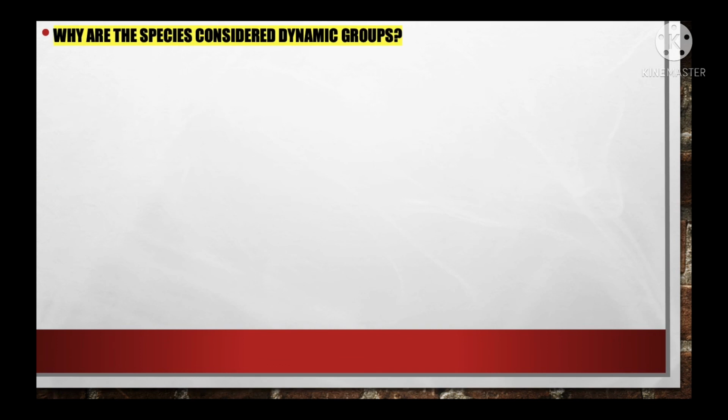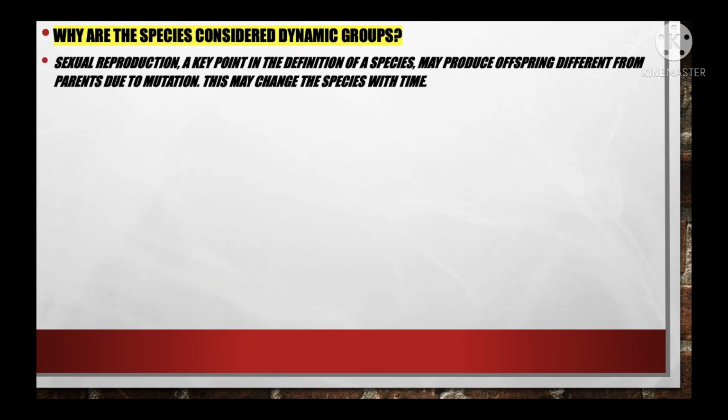Now, why are species considered dynamic groups? Sexual reproduction, a key point in the definition of a species, may produce offspring different from the parent due to mutation. This may change the species with time.